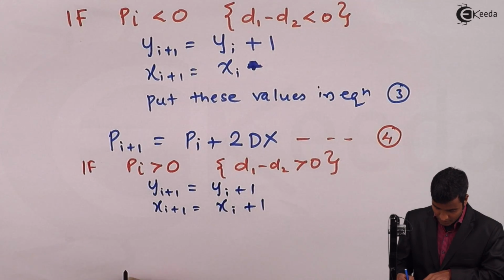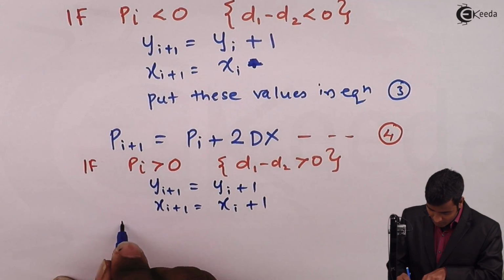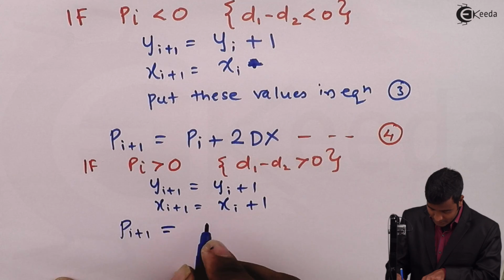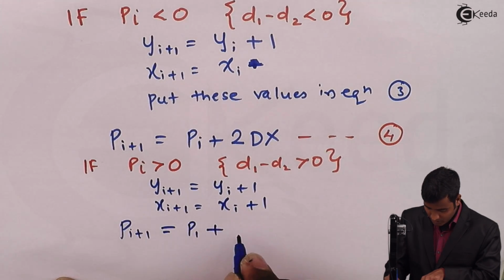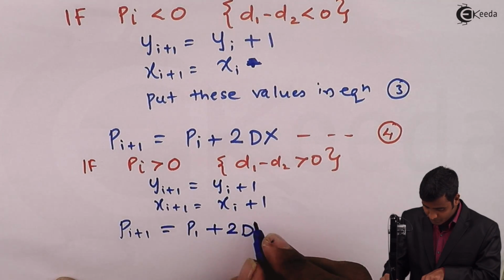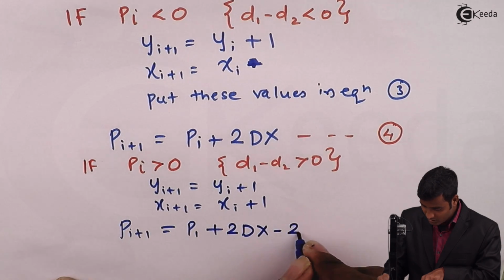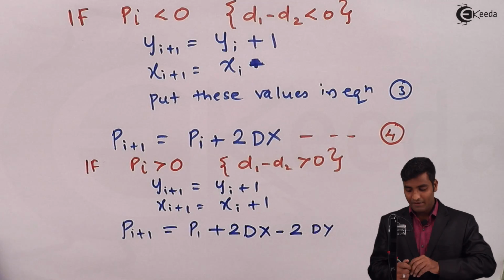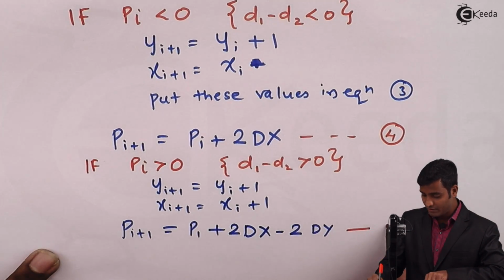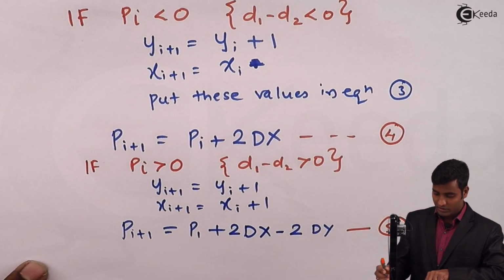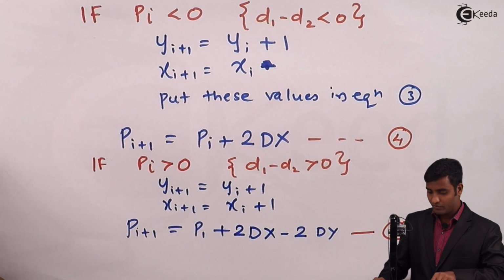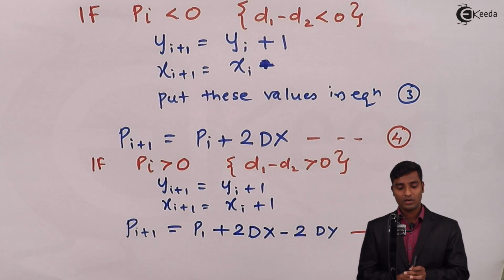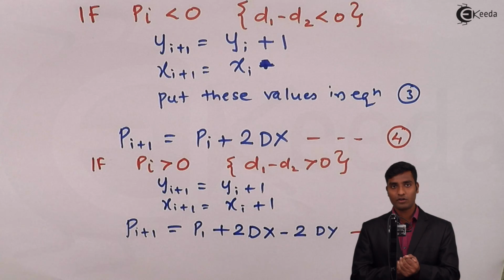So I will get pi plus 1 as pi plus 2 dx minus 2 dy. So I will name this equation 5. These equations will be useful for generating the line algorithm for Bresenham's.